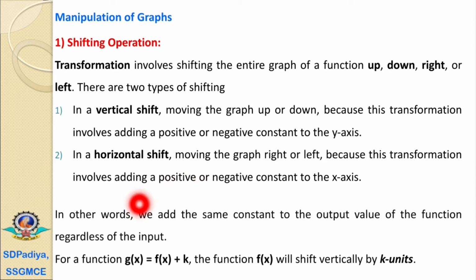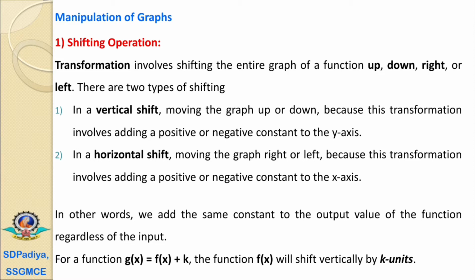In other words, we add the same constant to the output value of the function regardless of the input. If we have to perform the horizontal or the vertical shifting, then we have to perform the increment over the coordinates or the decrement over the coordinates. Then we can use the function here, that is g of x is equal to f of x plus k.